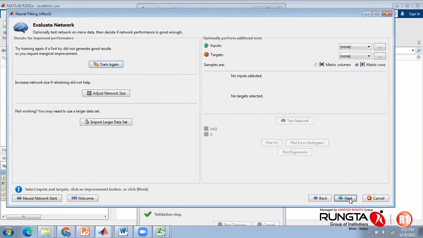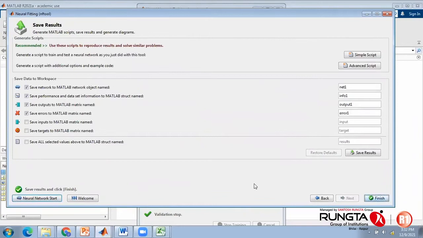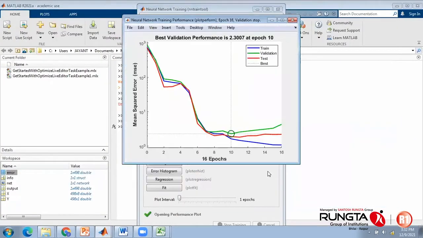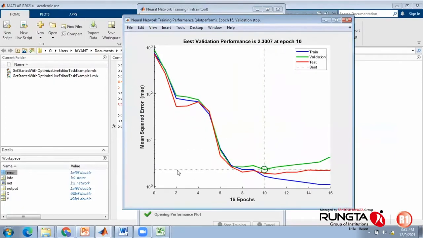Performance is further improved, from 3.1 to 2.3. What I have done is just change the topology.